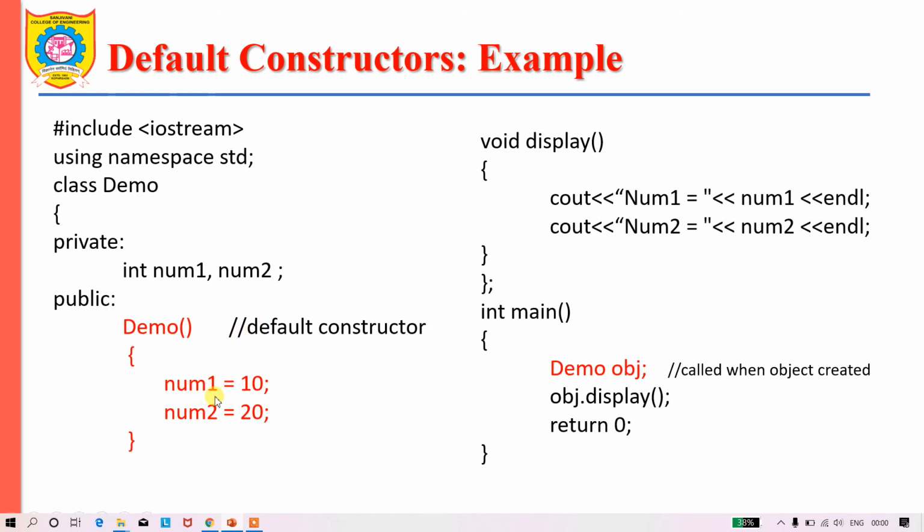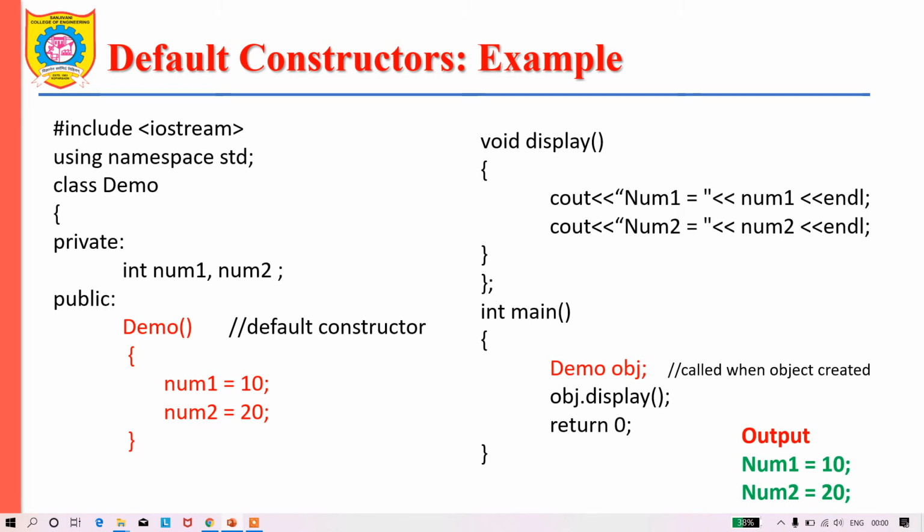So I will get the value of num1 as 10 and the value of num2 as 20. So the obj.display statement will display those values on the screen which will demonstrate the use of default constructor.